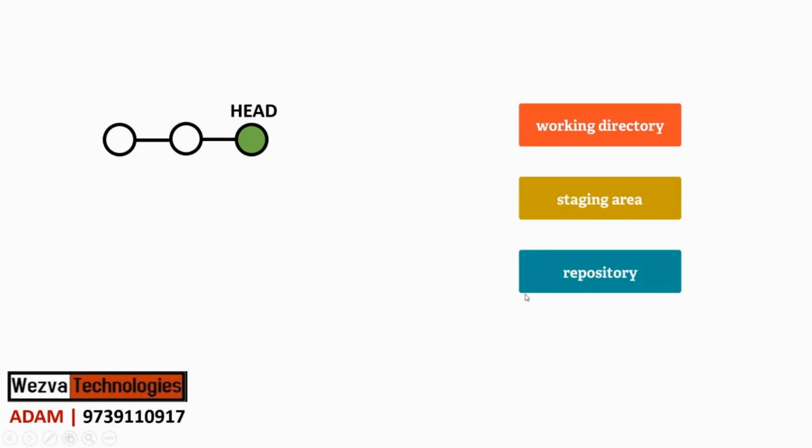Let's say you have cloned, there are some commit IDs available and there is a head reference, and because of that you will be seeing the files in the working directory. What do you do now? You modify some file, and then you do a git add.